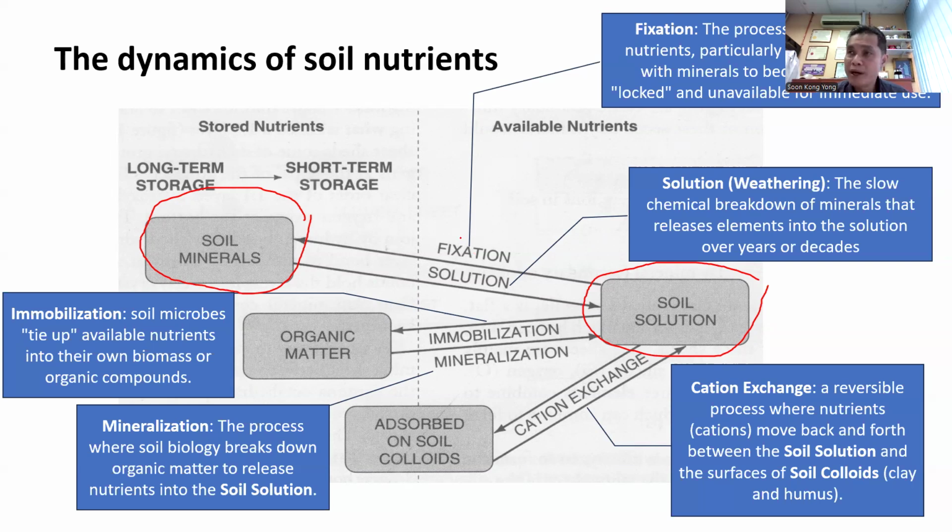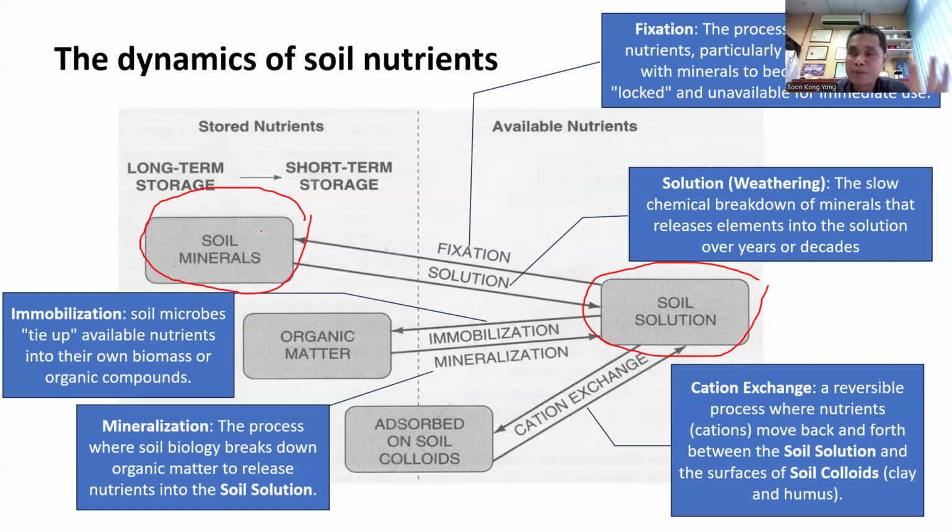So when does this happen? While the soil minerals can become soluble with more water, less water will reverse that. Solution in this process requires a lot of water to dissolve the nutrient, and for the nutrients to reverse back into the soil minerals, just take away the water.